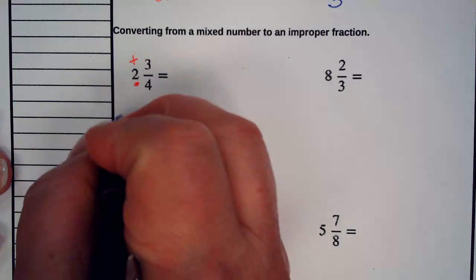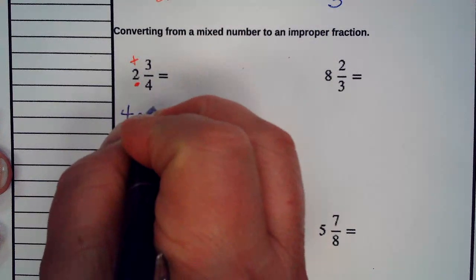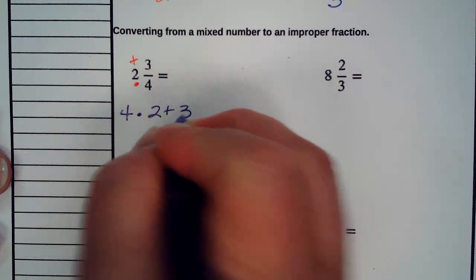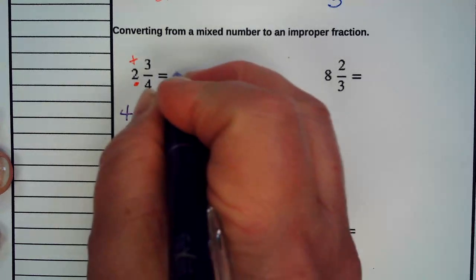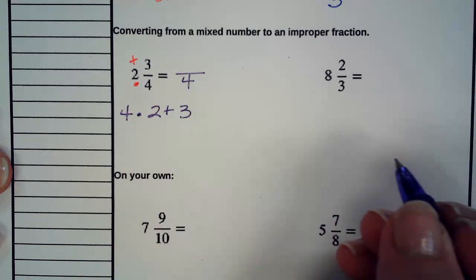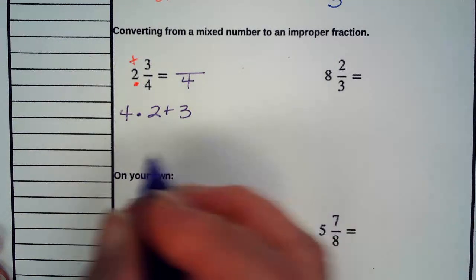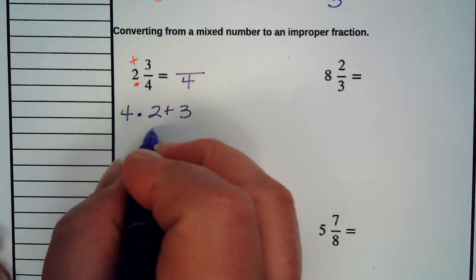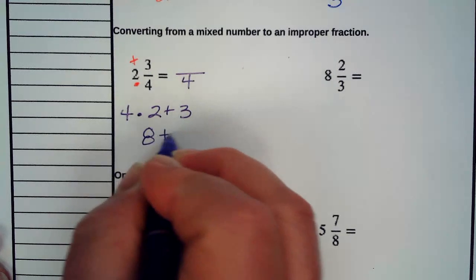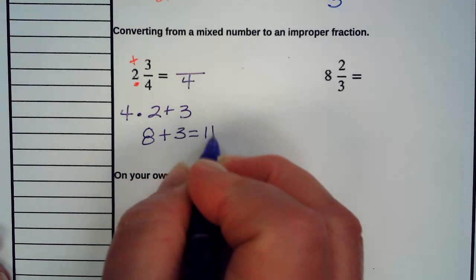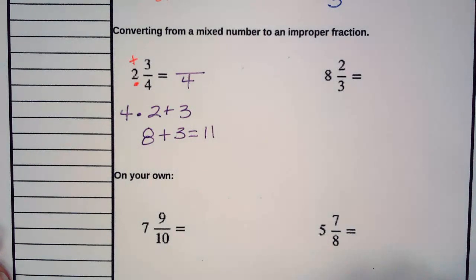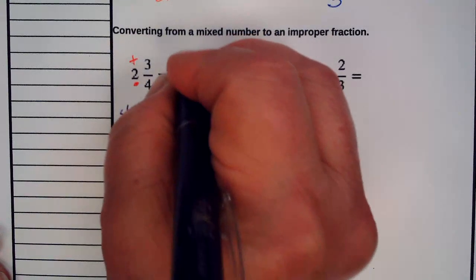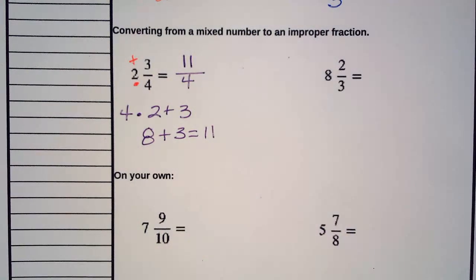I take 4 times 2 plus 3. The bottom number will stay as a 4. 4 times 2 is 8, plus 3 is 11. 11/4.